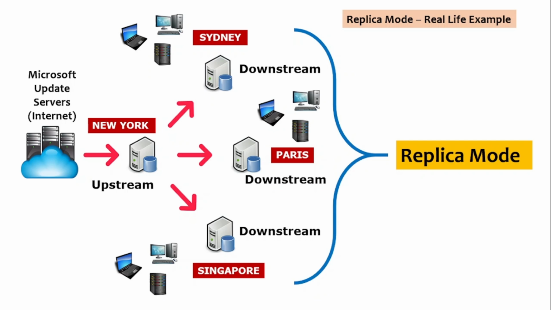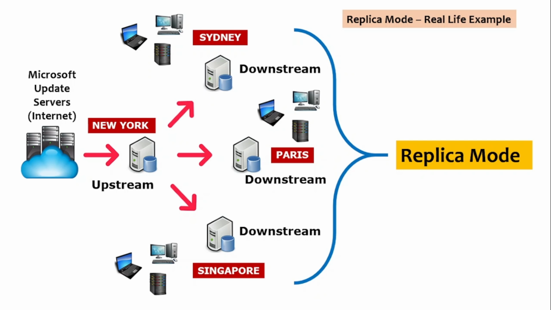For example, let's say last Sunday of every month, we will patch all domain controllers in the Sydney location, and so on and so forth. So we will be controlling everything from our New York location. So in such scenarios, we will be using replica mode.